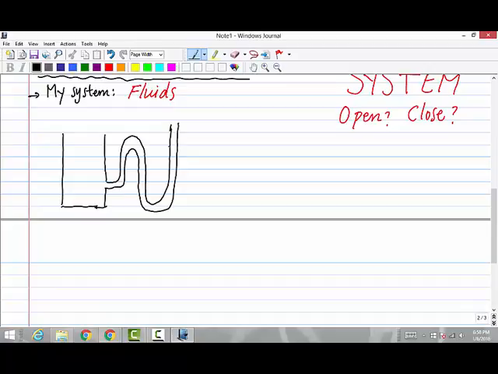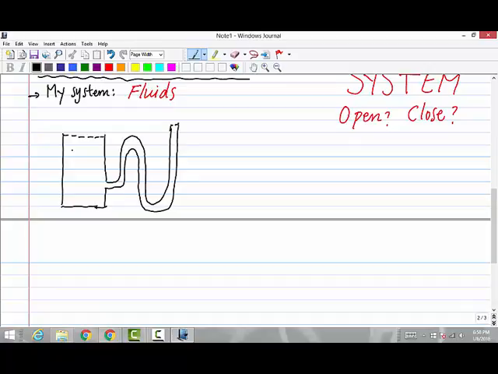And the boundaries are either real or imaginary. As I told you, I'm just picking the water. So up there, it's just an interface between water and air. So I need to draw an imaginary boundary, right? And likewise there, it's exposed to the air.